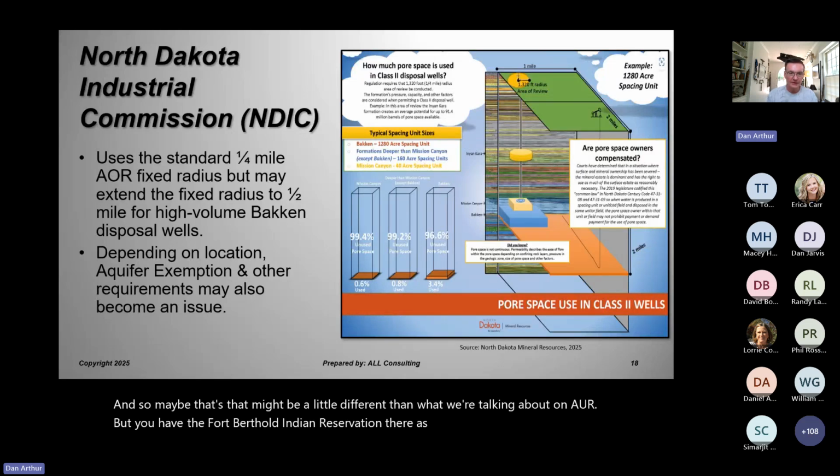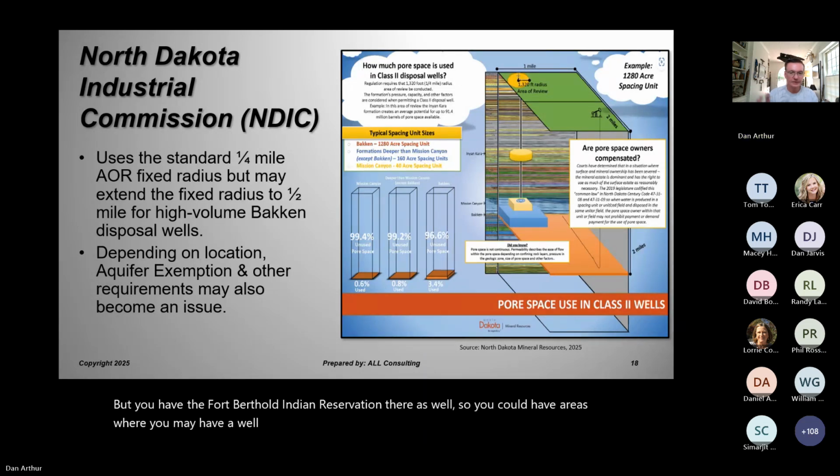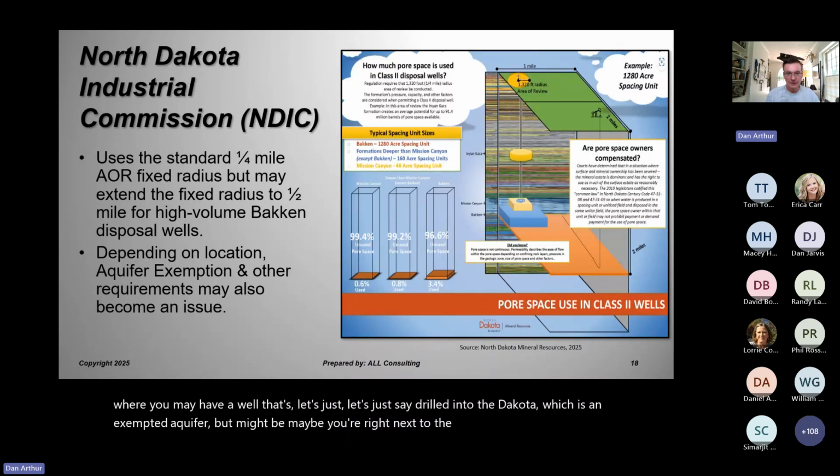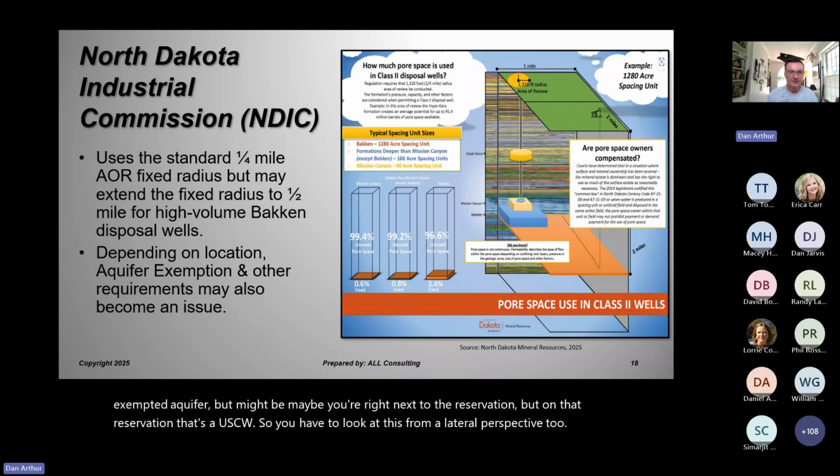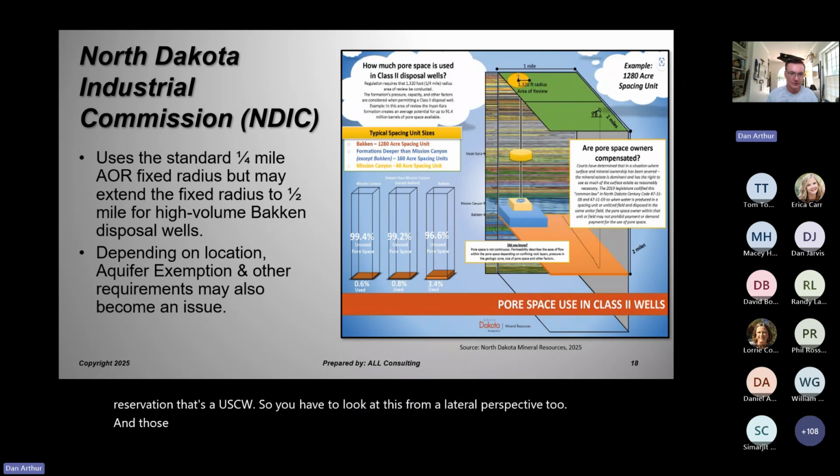So you could have areas where you may have a well that's, let's just say, drilled into the Dakota, which is an exempted aquifer, but maybe you're right next to the reservation. But on that reservation, that's a USDW. So you have to look at this from a lateral perspective too, and those considerations can be huge.